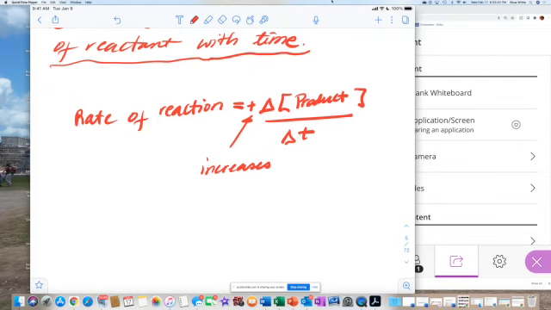Okay, but the negative is never implied, so it has to be written, right? So here we're being told that for the same value, the rate of the reaction, you can figure this out by monitoring the change in the concentration of the product as time changes.